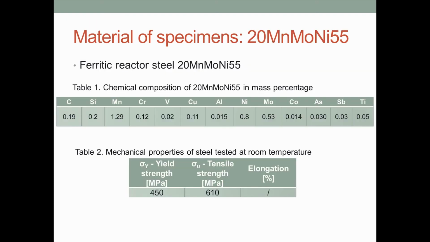CT specimens were made of reactor steel that you can see on the screen. This steel belongs to a group of A533 grade steels, and this steel is used for manufacturing of pressure vessels and power plant reactors, and generally it's meant to work in extreme conditions.